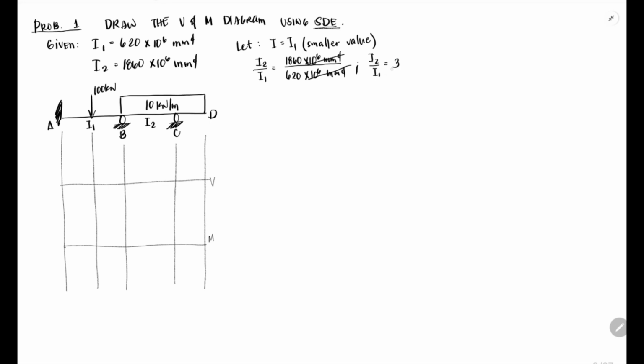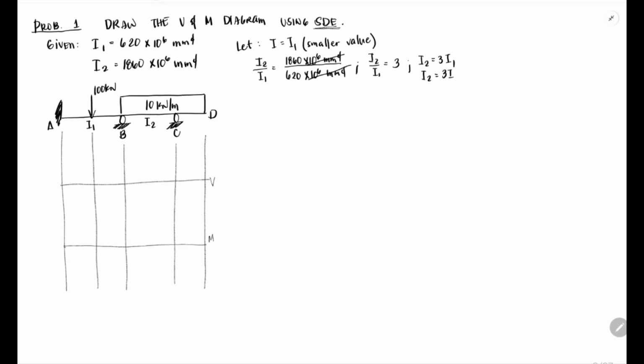So meaning nito, kapag i-cross multiply ko yan, yung I1 natin, our I2 is equivalent to 3I1. Okay? So meaning, since I is equivalent to I1, ang I2 na natin ngayon is equivalent to 3I.